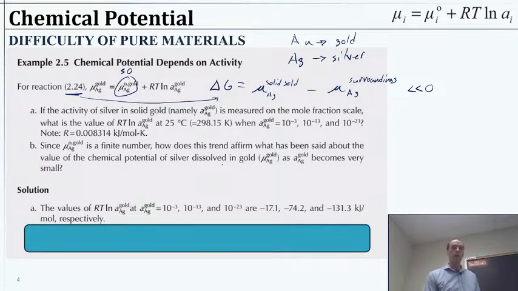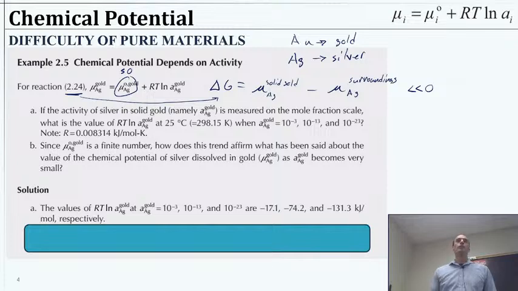If we say 50 plus negative 17, where are we at? It's a positive number, right? If we say 50 plus minus 74, suddenly we have a negative number, right? So now suddenly it's a favorable situation. Like the delta G, the chemical potential is a negative value now.